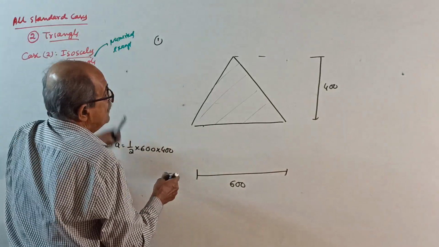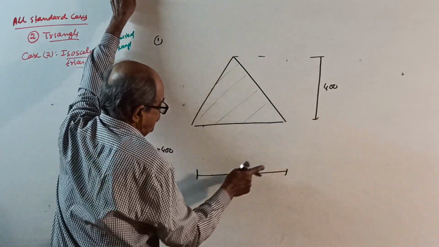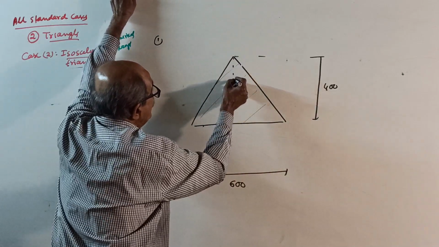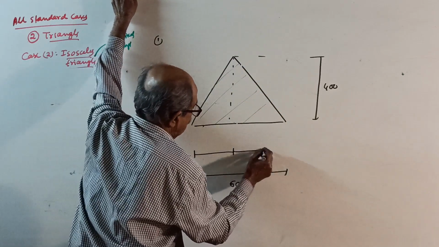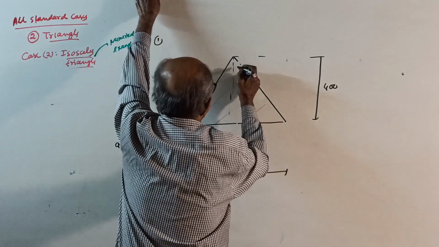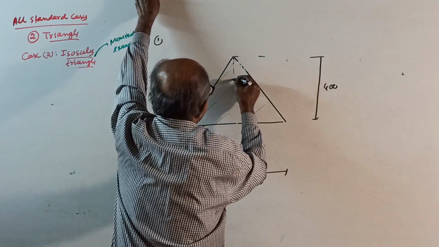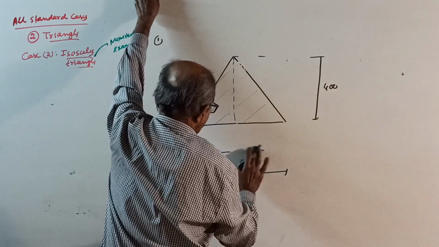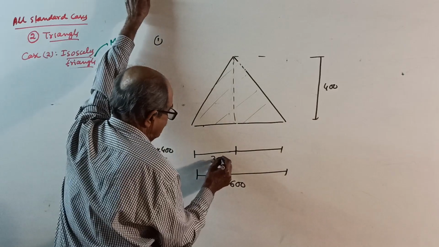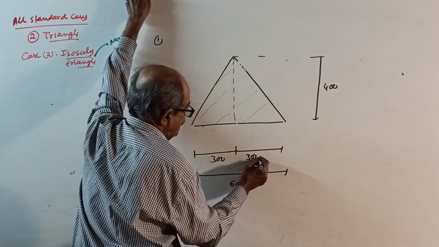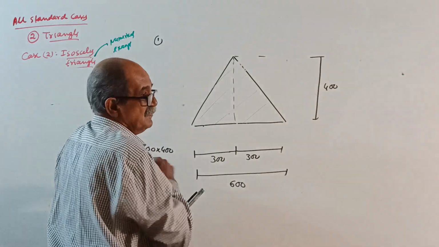Okay, area over. See, one more thing here: 600 means they should tell it in the question only. These two are equal. Otherwise, it is not out of scale. You make it look like that. If this is 600, both are 300, 300 given. Now, centroid. Where is the centroid?